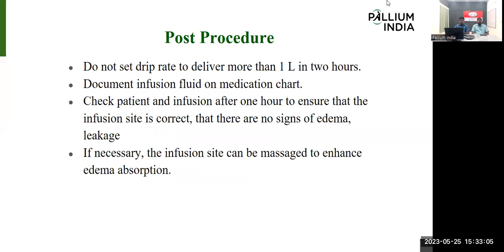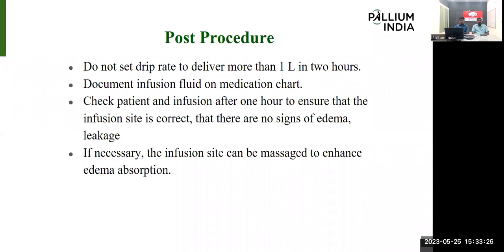Like every procedure, after the procedure also there are some things we need to keep in mind. After starting the continuous or drip infusion subcutaneously, first of all, we need to ensure that it doesn't cross 1 liter within 2 hours.